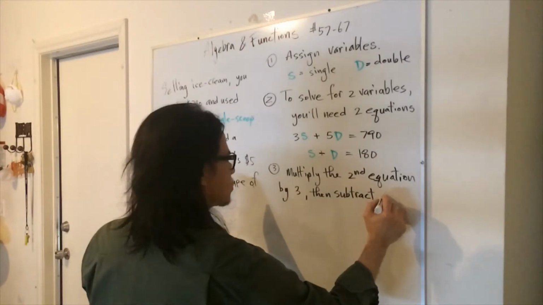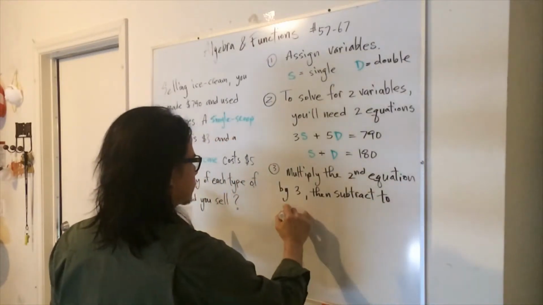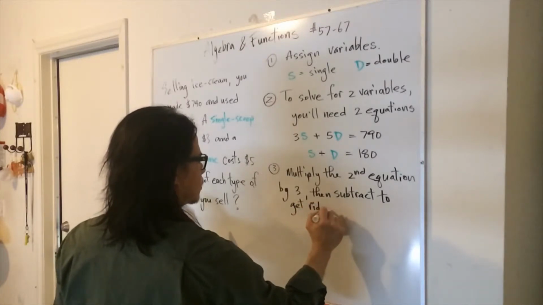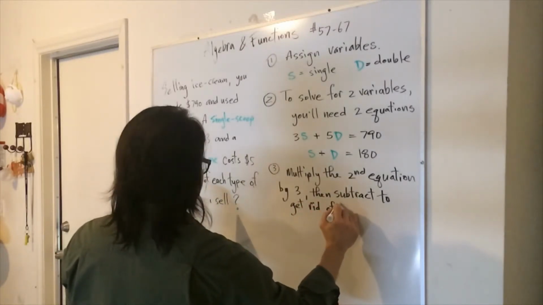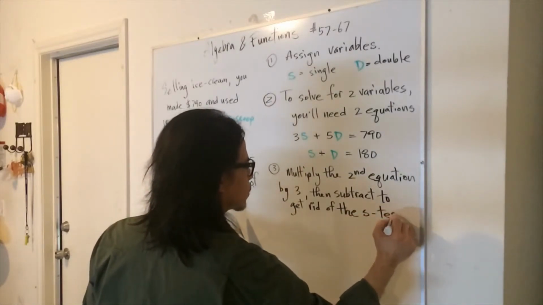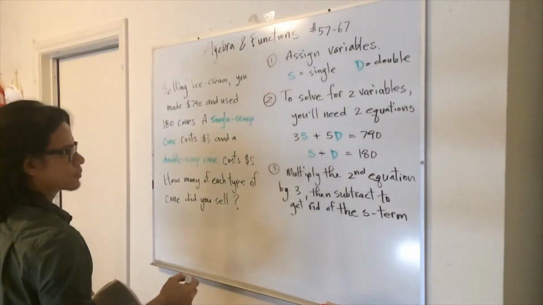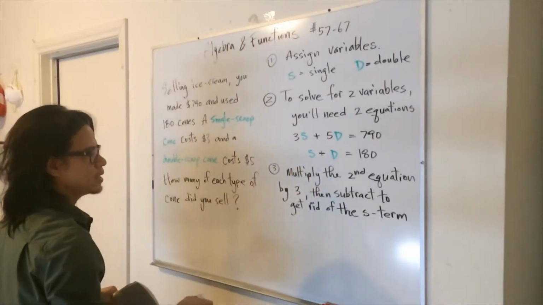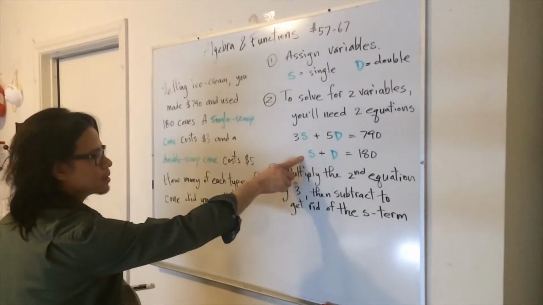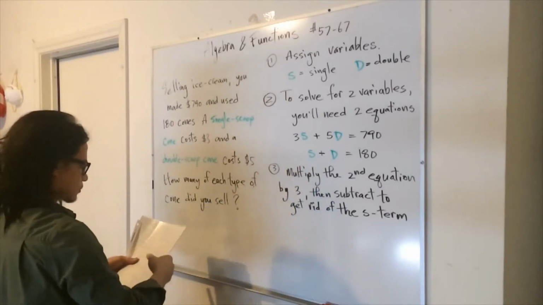Okay, so let's see here. We're going to find out what D is by first multiplying the second equation by 3.